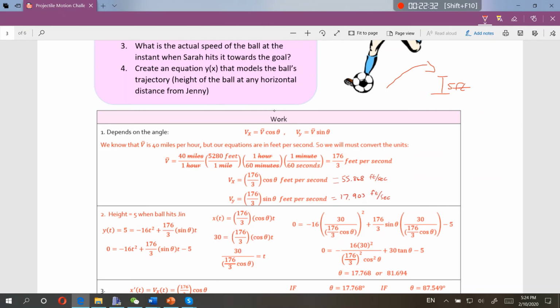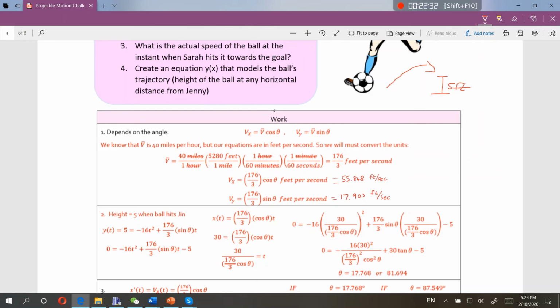In order to solve for that angle, we can take our height equation. I'm starting from the ground and I want to be at 5 feet. So that means this 5 will go over here, meaning I want her total vertical position to be equal to 5.